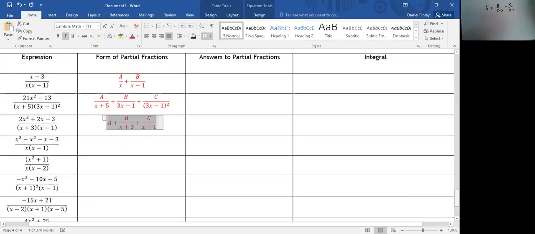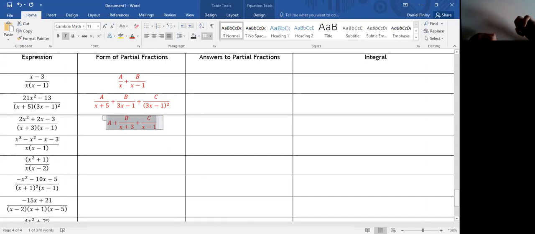Okay, the next one. x cubed, take away x squared, take away x, take away 3 on the top, so the degree is 3. And on the bottom, I'd have an x squared, so therefore the top is higher than the bottom, 3 is bigger than 2, so it's an improper fraction. The top is x cubed, bottom is x squared, so the difference is 1.